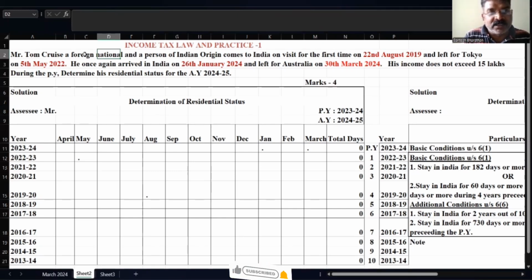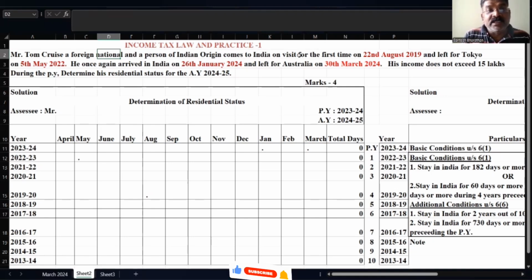And a person of Indian origin means either Tom Cruise's grandfather or his parents may be an Indian resident or an Indian citizen. So originally he is from India, settled in a foreign country, so they call him a foreign national.